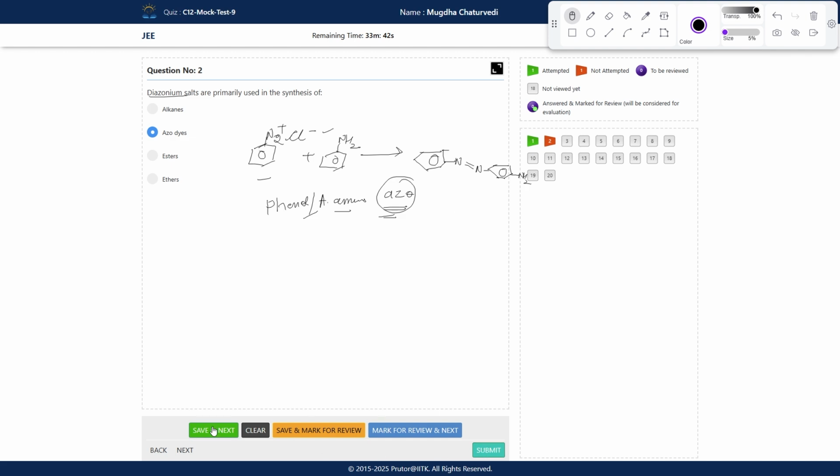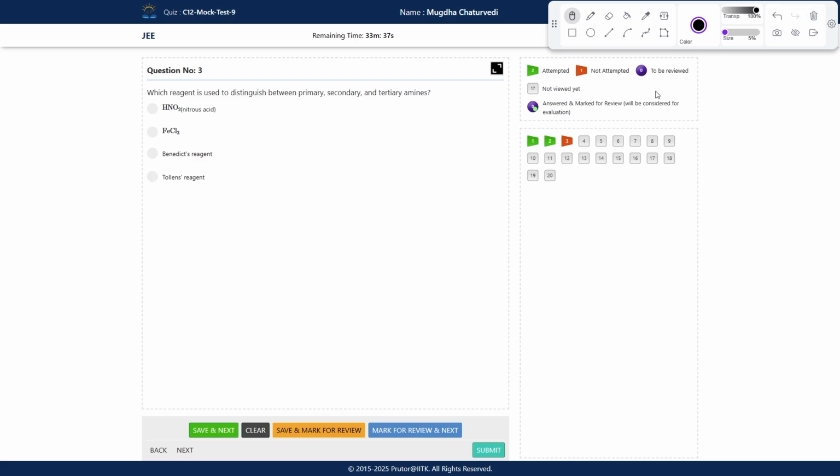Now let us see the next question. It says: the reagent which is used to distinguish between primary, secondary and tertiary amines. You have to tell a reagent in this case. For this question, HNO2, which is nitrous acid, reacts differently with primary, secondary and tertiary amines.